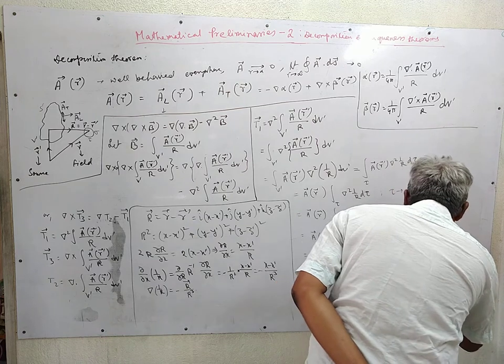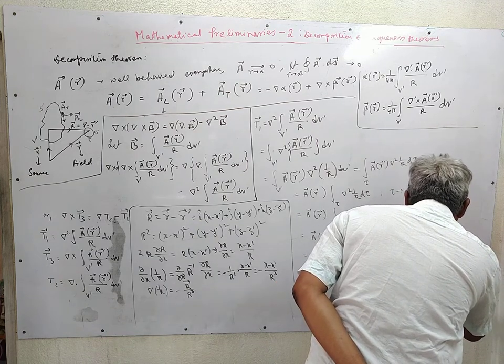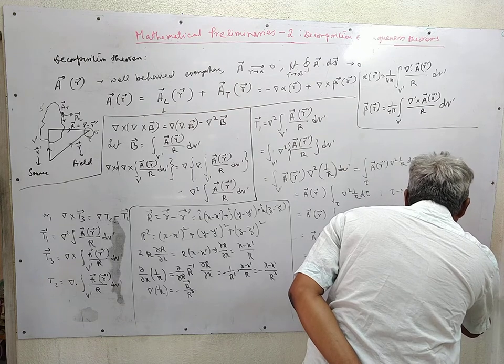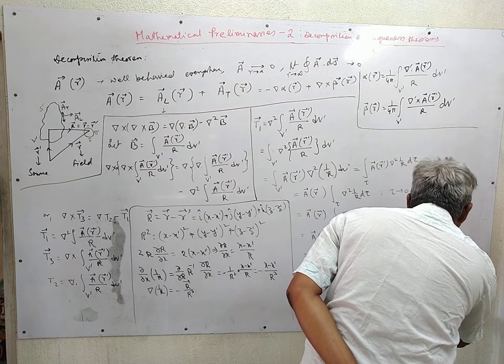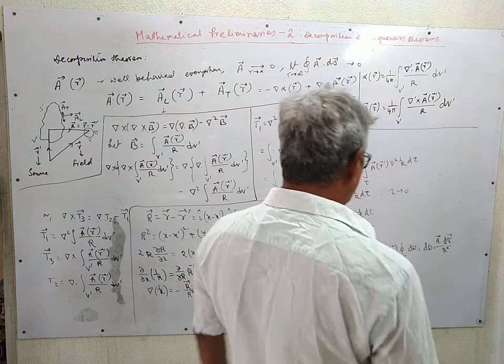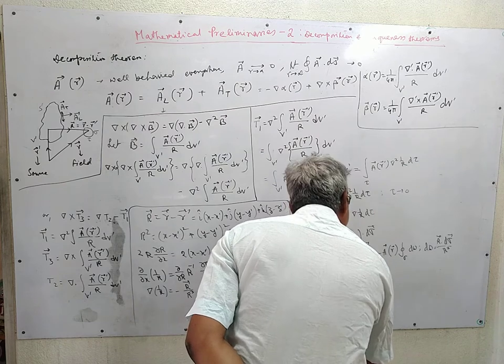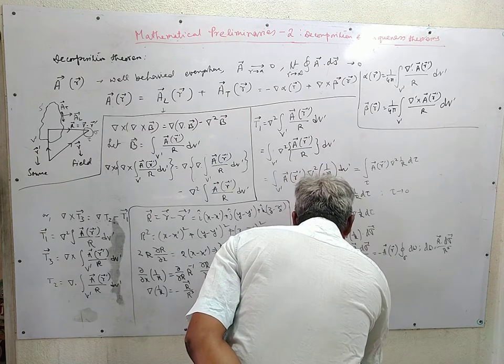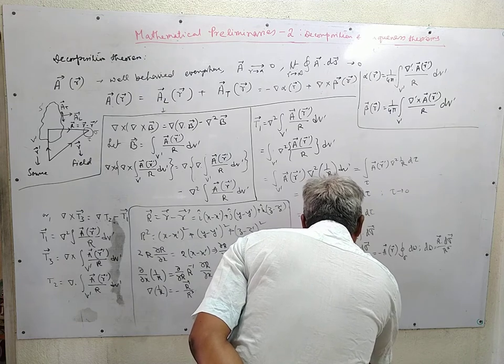d omega is r dot d sigma by r cube, and the total solid angle subtended at a point is 4 pi, so the result is minus 4 pi A at r.